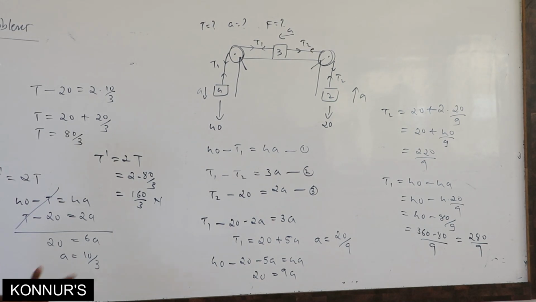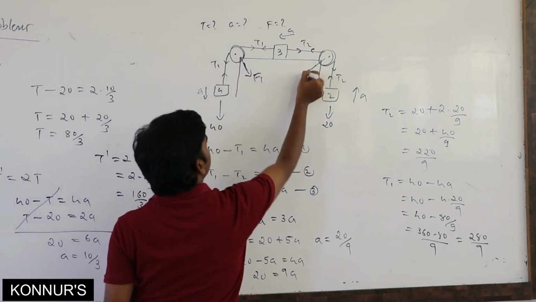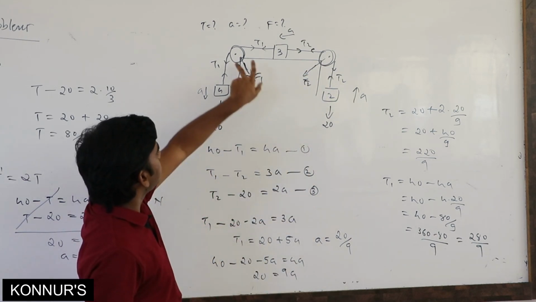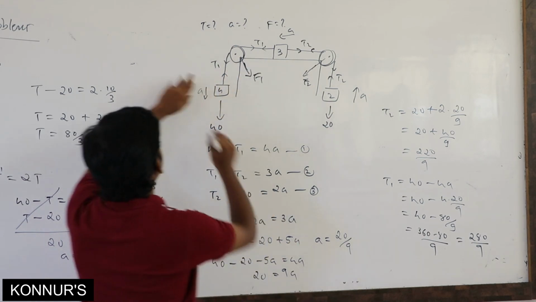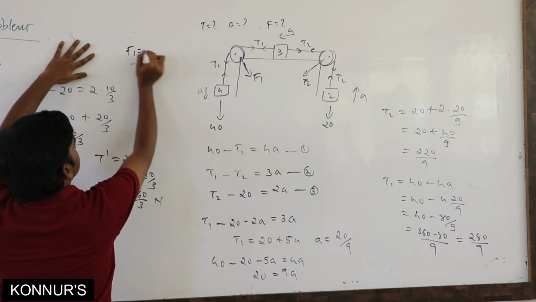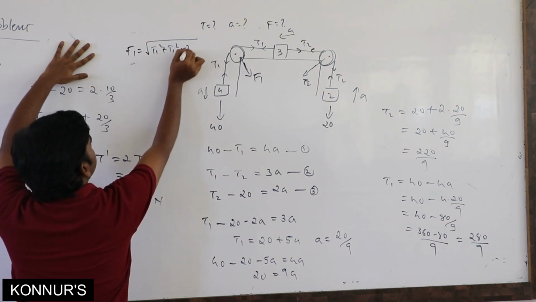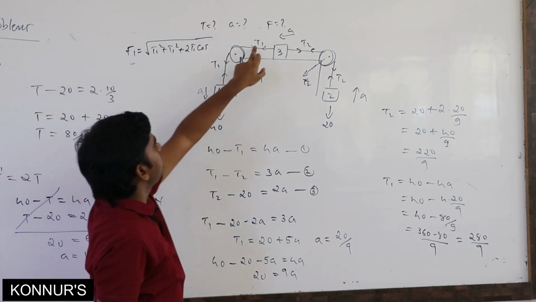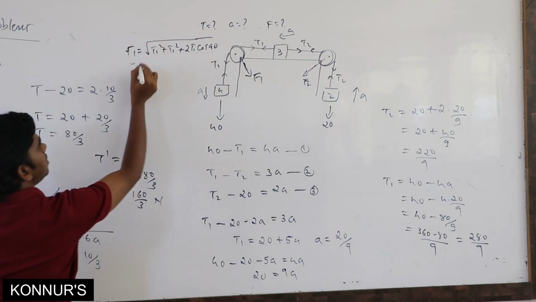Then you may think about how to find the force exerted here. What is F1 or what is F2? They are nothing but the resultant of T1 and T2. So F1 you can write as square root of T1 square plus T1 square plus 2 T1 T1 cos theta. What is the angle between the T1s here? 90. So cos 90 means 0. So what will you get?